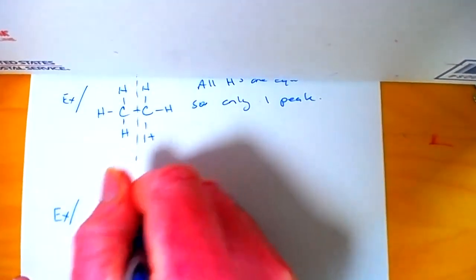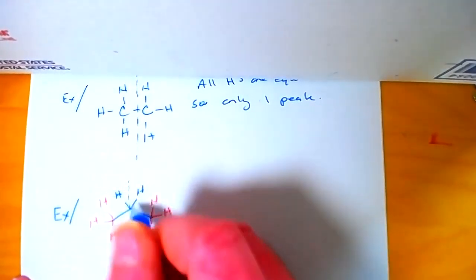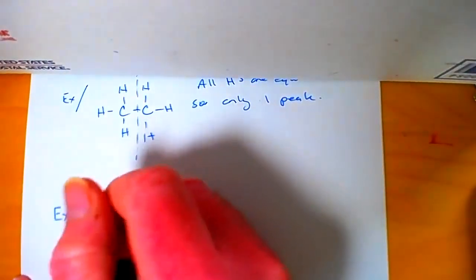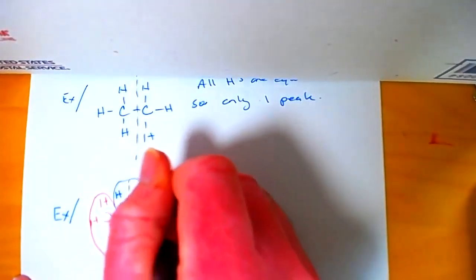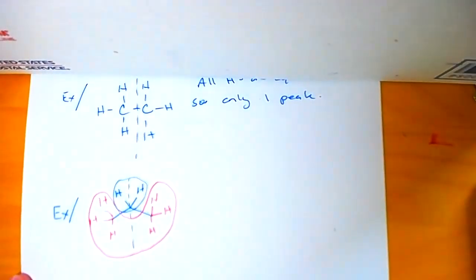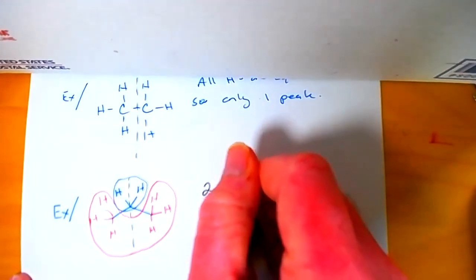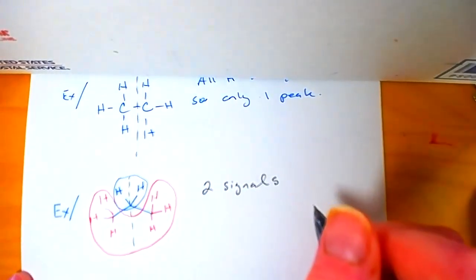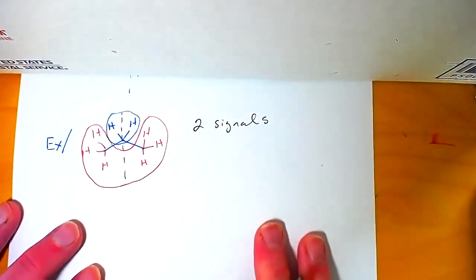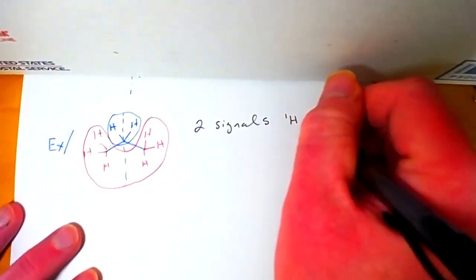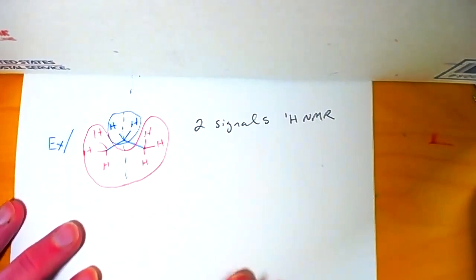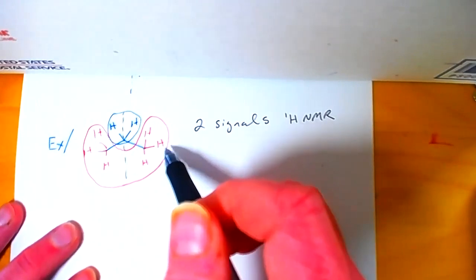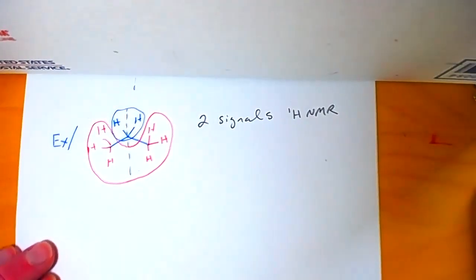However, the 2 hydrogen atoms that are right here on this carbon atom, that is going to be viewed as one signal also. So you're going to have 2 signals that you would see in the proton NMR. Okay, so this would show up as a signal, and this would show up as a signal. So 2 signals. All right.